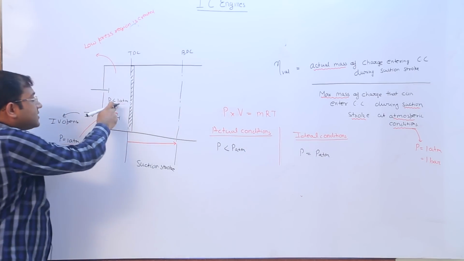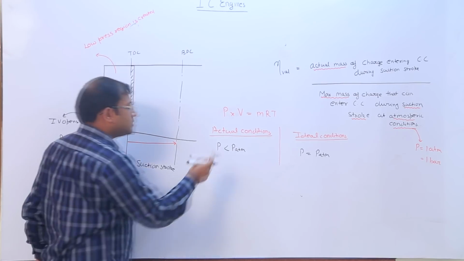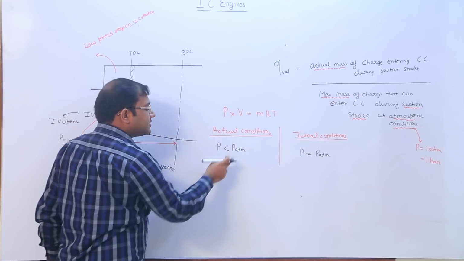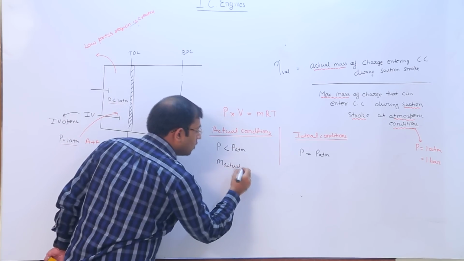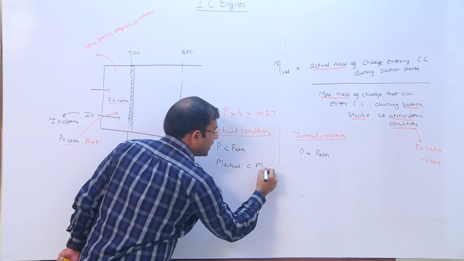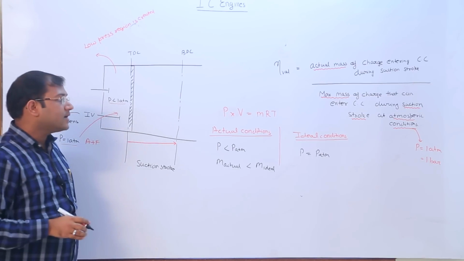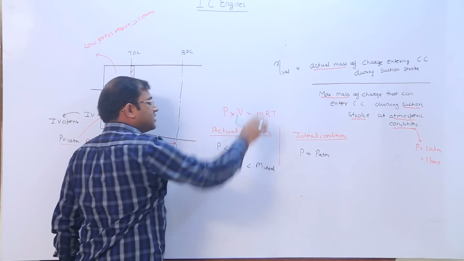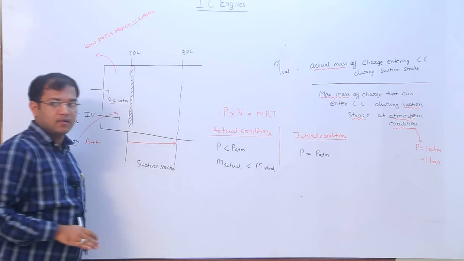The pressure inside the combustion chamber is equal to P atmospheric. Now since this P is less than P atmospheric, m actual will be less than your m ideal. Is it okay? And the volumetric efficiency is nothing but your m actual divided by m ideal.